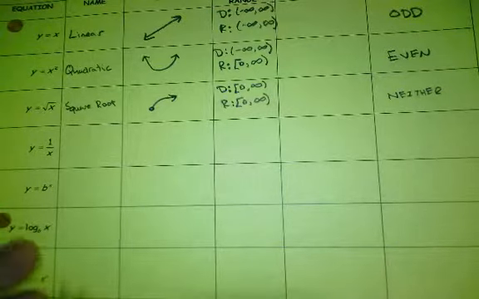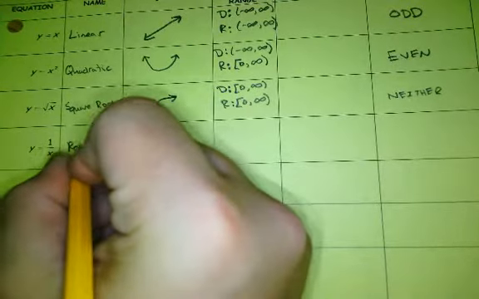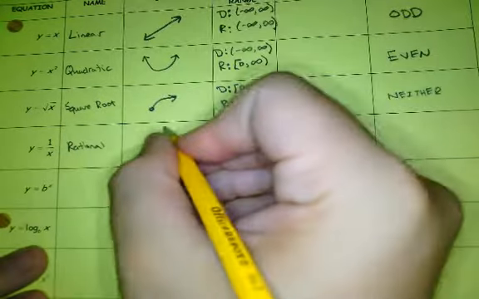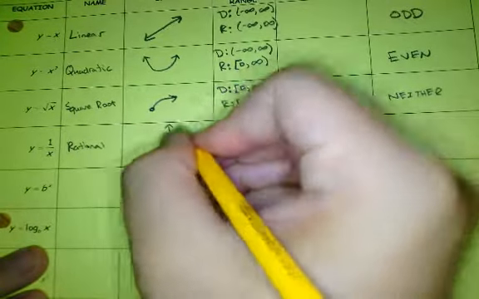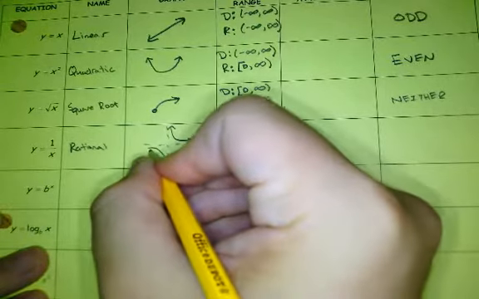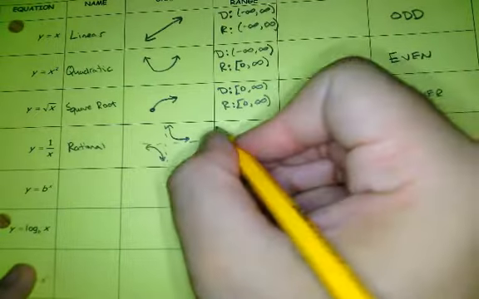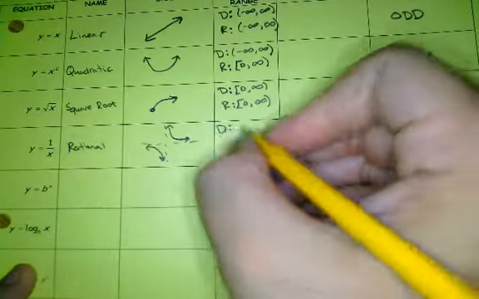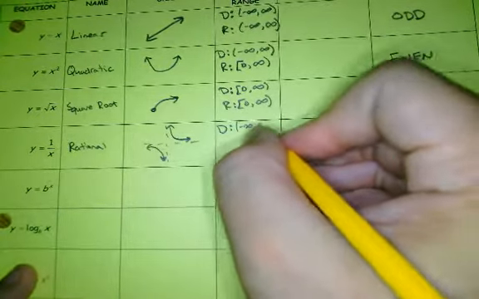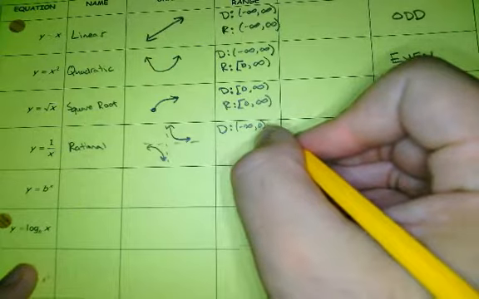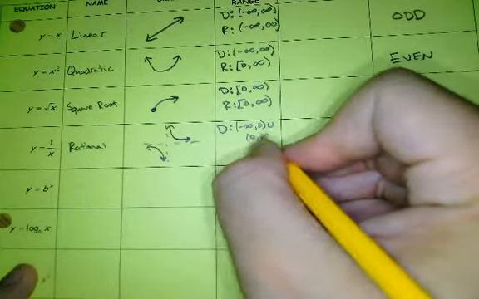1 over x. That is a rational. Let's look at one of these guys. This is going to go from negative infinity to 0, union 0 to infinity.